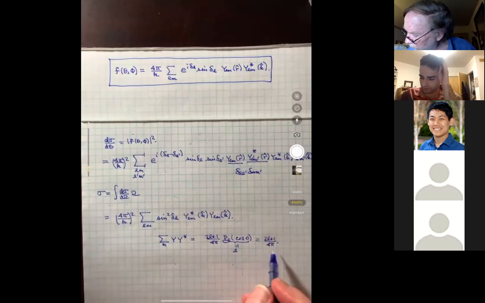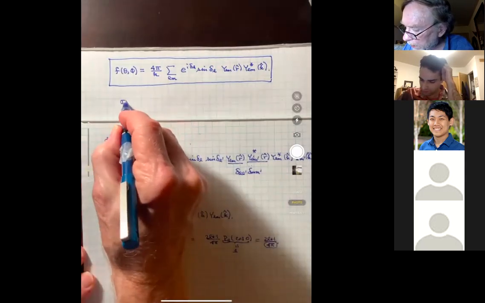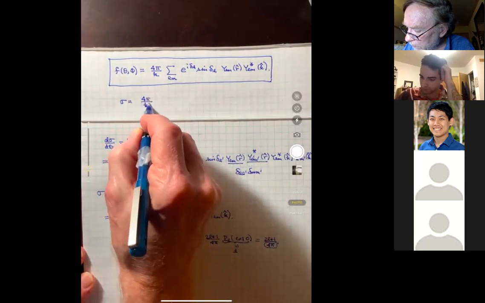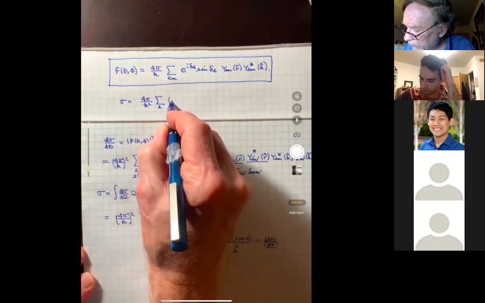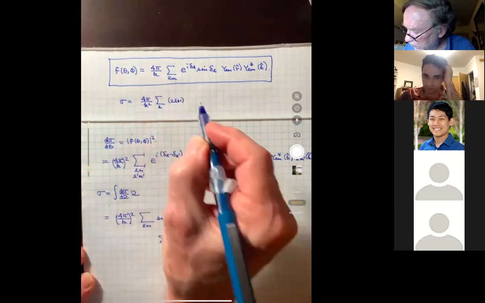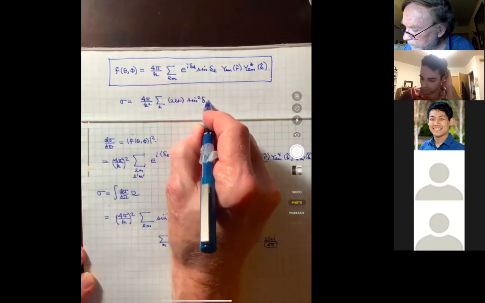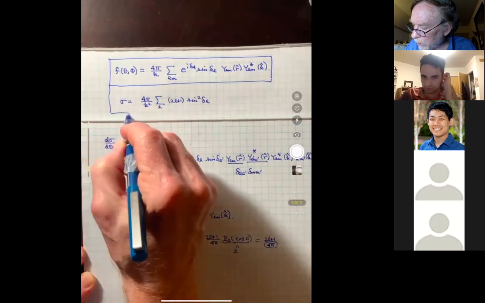And so one of these 4 pi's will cancel one of those 4 pi's. And we get a useful formula for the total cross section, which I'll now write here. Sigma is equal to 4 pi over k squared times a sum on L of 2L plus 1 times sine squared of delta L. A much simpler expression for the total cross section.